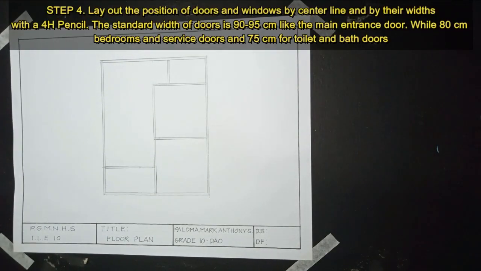Step number 4, lay out the position of doors and windows by center line and by their widths with a 4H pencil. The standard width of doors is 90 to 95 centimeters, like the main entrance door, while 80 centimeters for bedrooms and service doors, and 75 centimeters for toilet and bath doors.